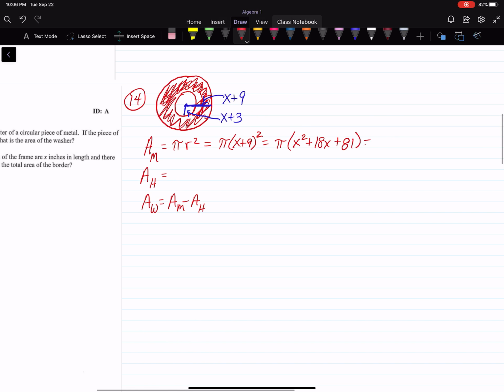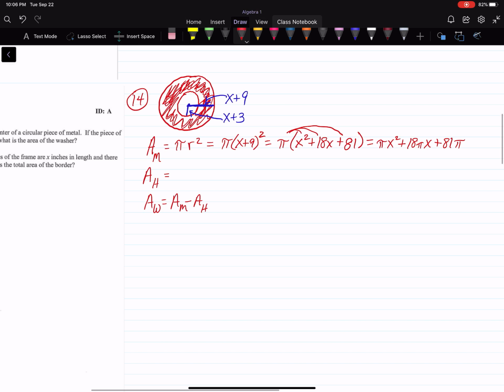And if I distribute my pi, I'll get pi x squared plus 18 pi x plus 81 pi. So that is my area of the metal.